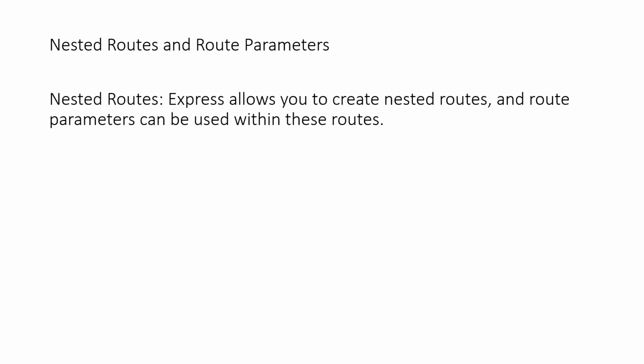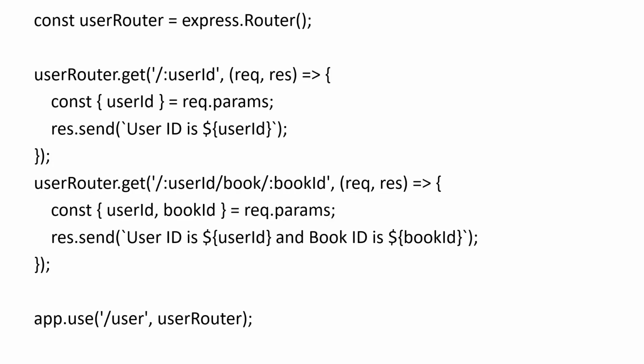We'll see that using an example. So this is an example that I have. Here, if you observe carefully, we have a parameter colon userId and we have another parameter colon bookId.